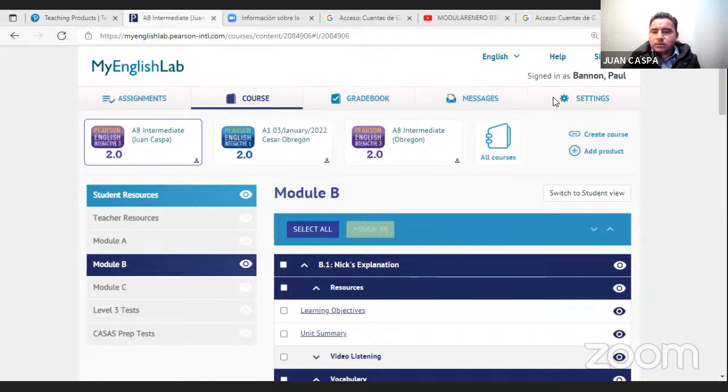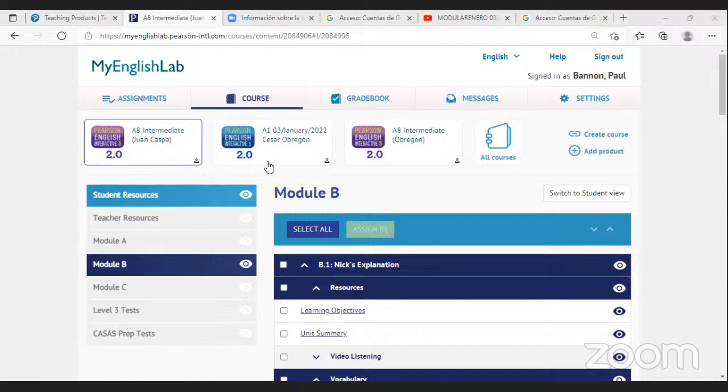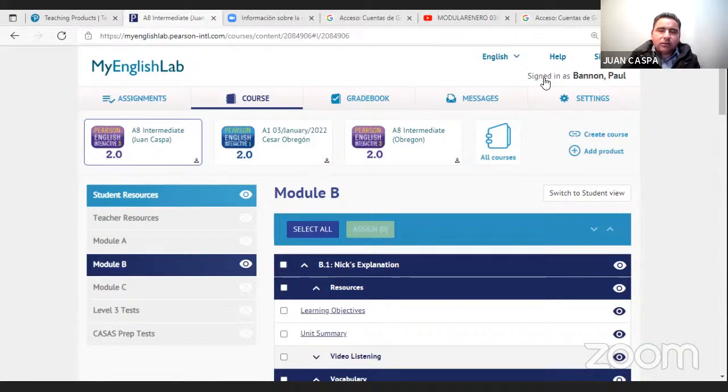Can you see it? Well, I think you can. Yes, thank you. So, I think the administrators gave you your password or something else.